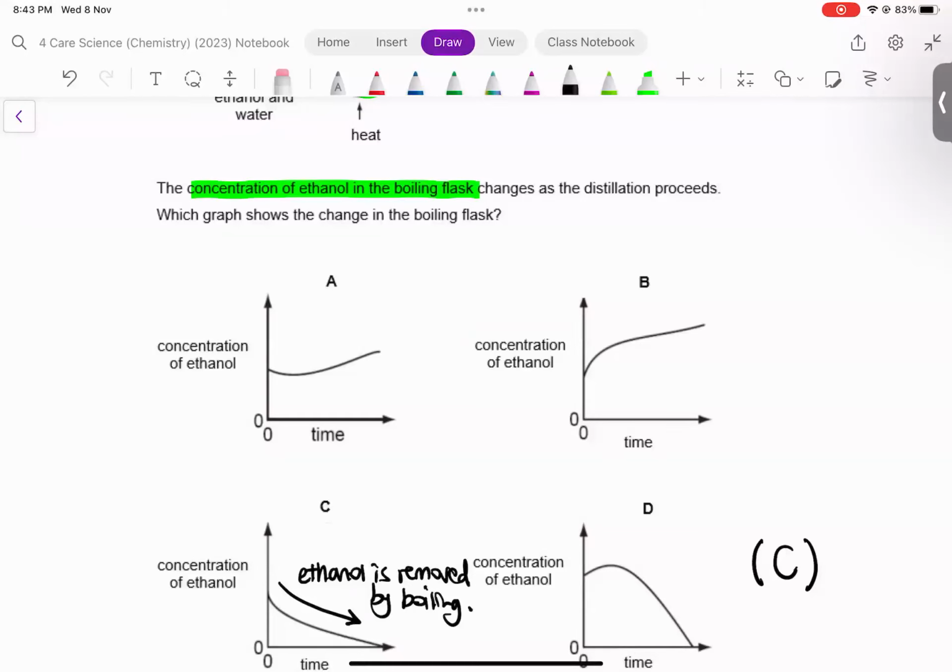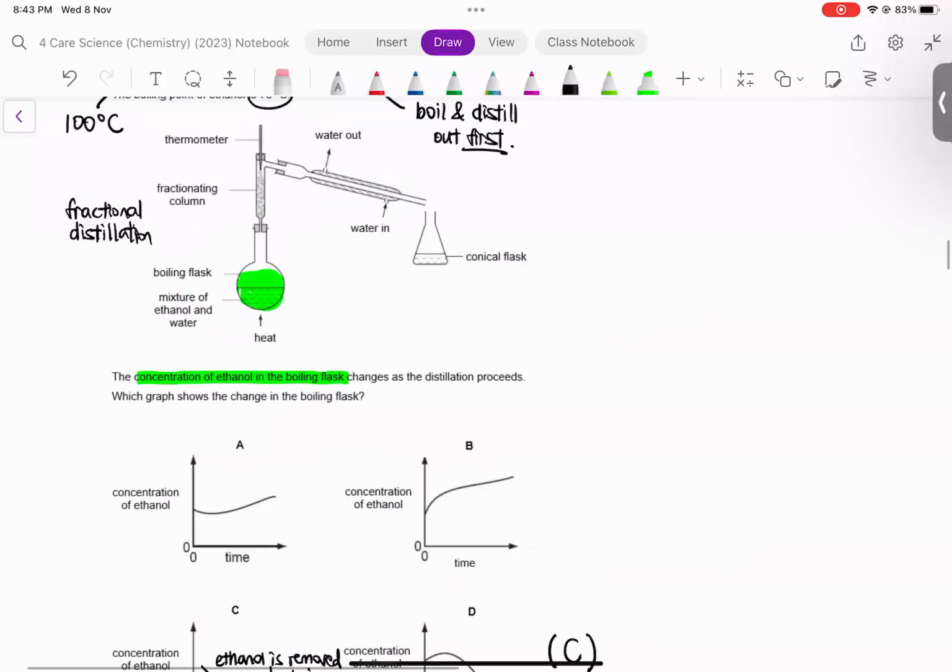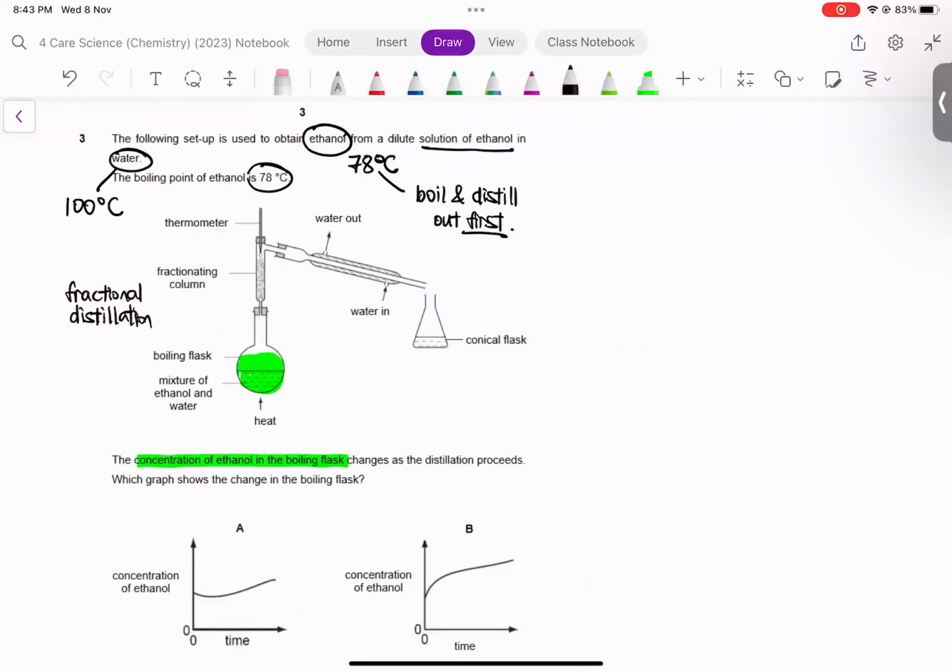Not everything has a lower boiling point than water. So now let me give you another example of a liquid which has a different boiling point from ethanol. I'm going to give you the example of butanoic acid.